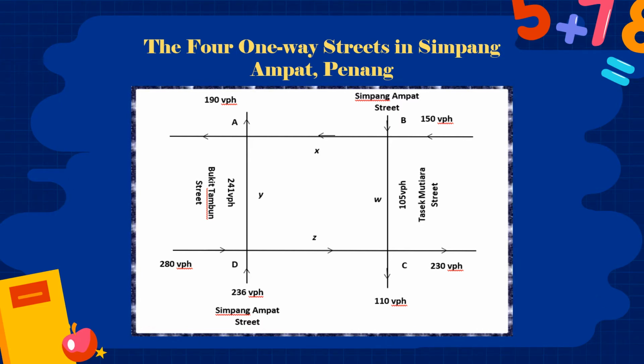The arrows in the diagram indicate the direction of flow of traffic in and out of the network that is measured in terms of number of vehicles per hour. The diagram below describes the four one-way streets in Simpang Ampat under study in the model.